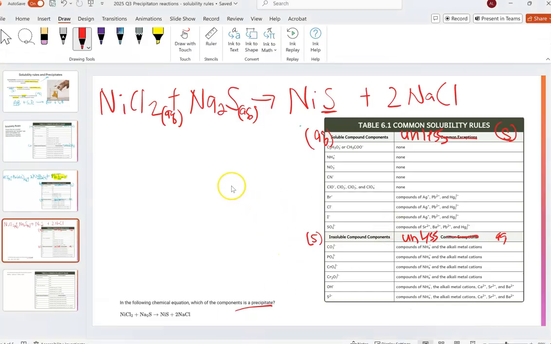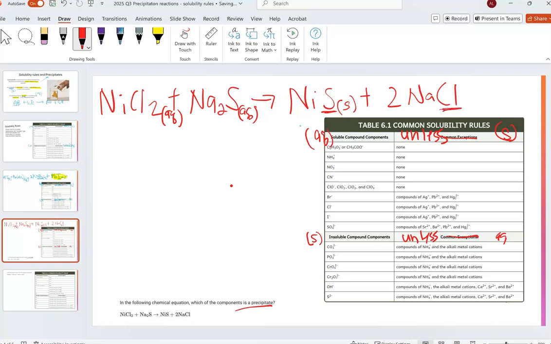Okay. So it says sulfides are solids unless they're bonded to ammonium, alkali metal cations, calcium, strontium, and barium. So there's none of the unless. So since it's bonded to nickel, this guy is going to be my solid or my precipitate. We'll check this other one.